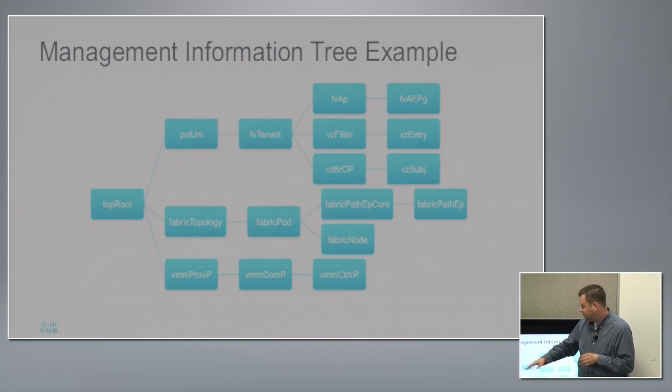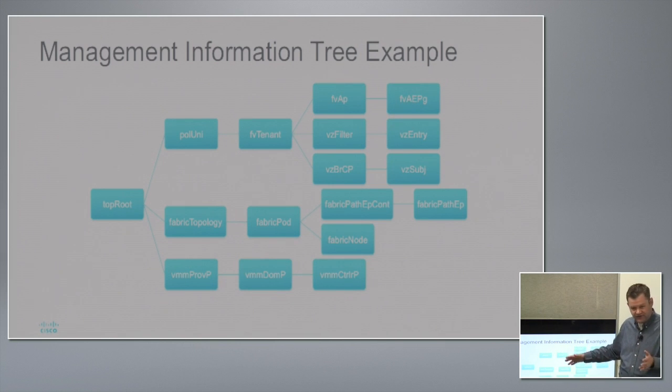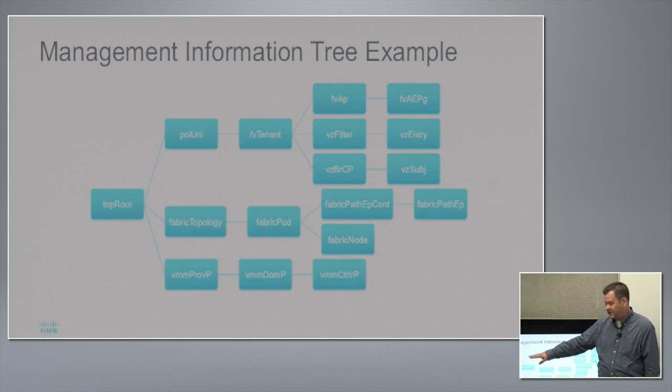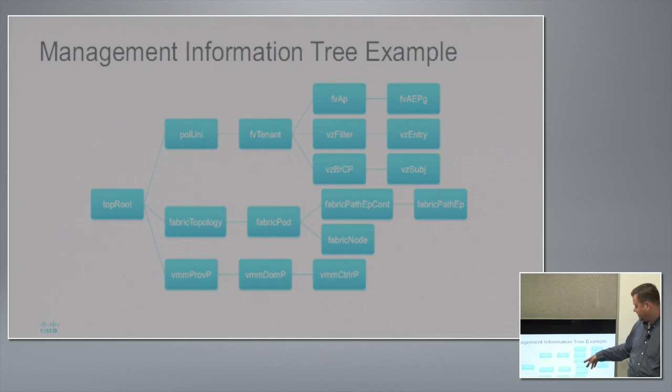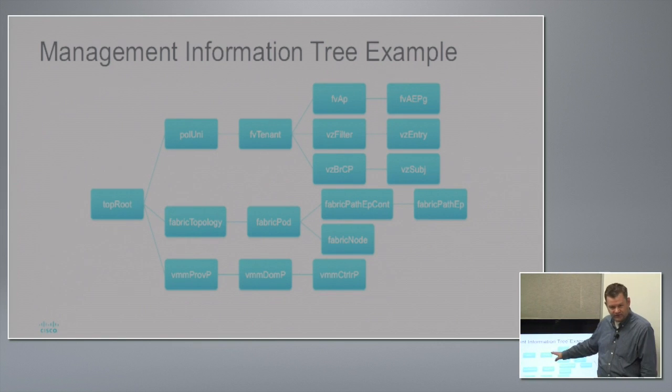Here is an example of the information tree. You would start with a root. Everything is in there. The policy universe flows from here, and you're seeing things like the tenant, application profile, followed by endpoint groups. And you can see the names have some encoding within them. For example, the EPG is the fvAEPg at the end.